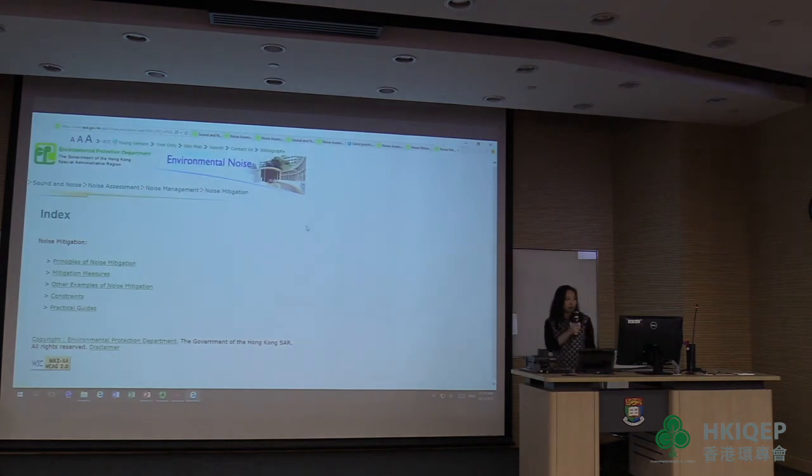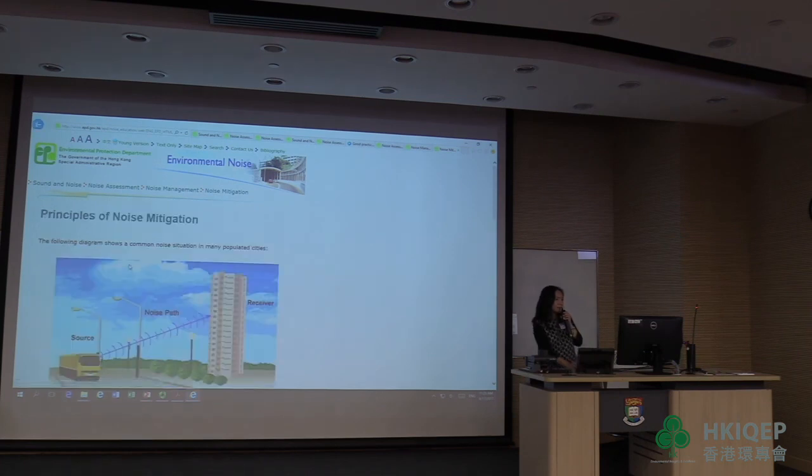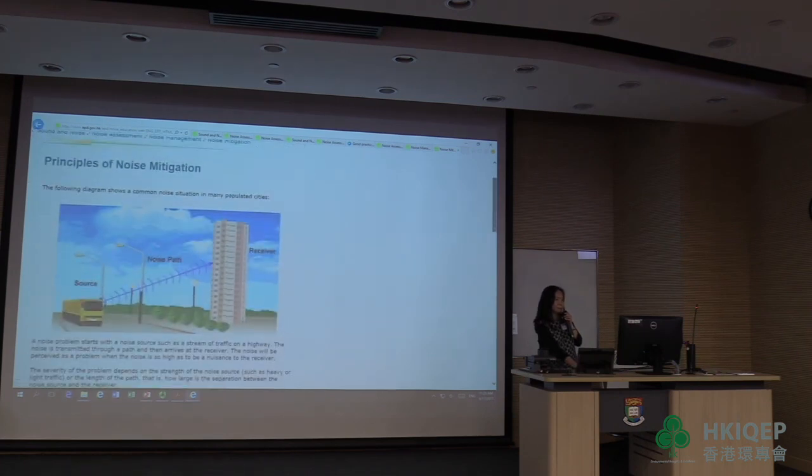Okay, so some examples of noise mitigation. In fact, this again is very principled and a basic concept when we need to design mitigation measures to tackle a noise problem.